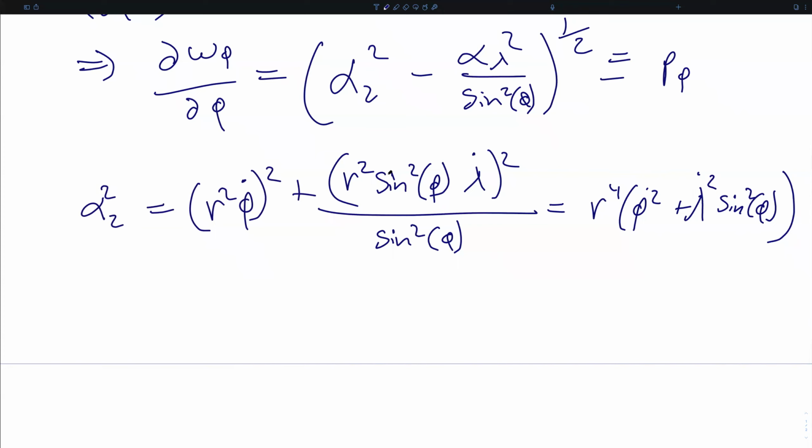To recap, what we did was solve this expression here for alpha 2 squared and substitute in the definitions of the conjugate momenta p phi and p lambda, which is equivalent to alpha lambda.